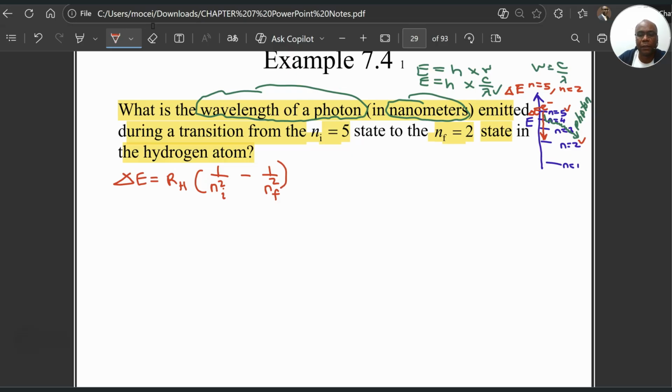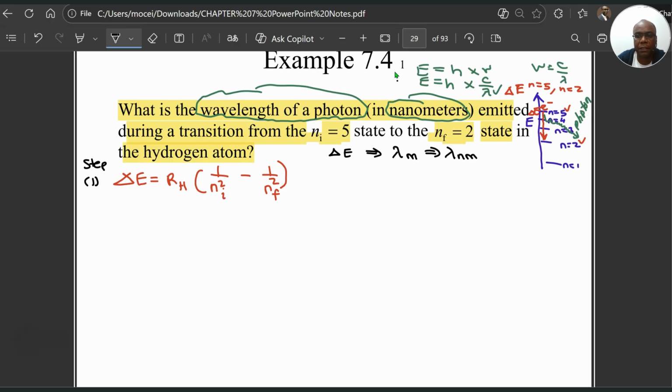So this is the formula, and that's going to be our step number 1, to find delta E. Once we find delta E, we should be able to find the desired wavelength. The desired wavelength is most likely going to be in meters, and we'll convert it to nanometers.